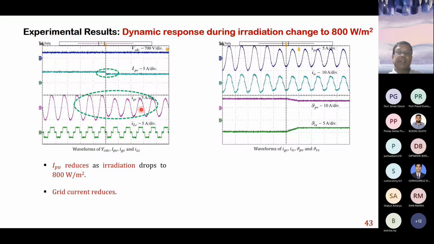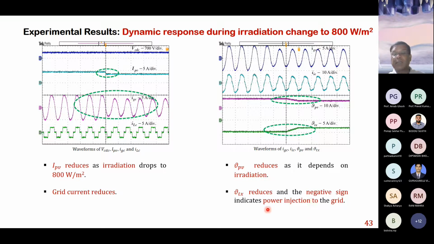The IPV has been reduced because of reduction in the irradiance, and grid current is also reduced. And the VPV reduces as it depends upon the irradiance. And VTX reduces, and the negative sign indicates the power injection to the grid.